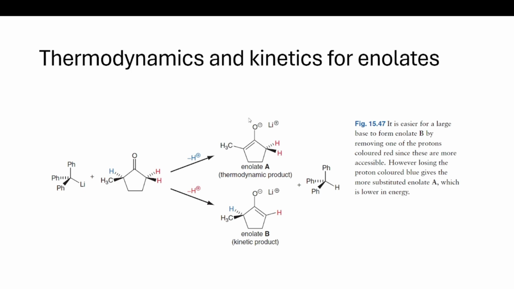This is going to be the thermodynamic product, remember, because it is more stable. As you can see, there's going to be some more sigma conjugation here. However, this kinetic product is going to be less stable, but it's going to be feasible. And that's what matters, even if the thermodynamic product is more stable.